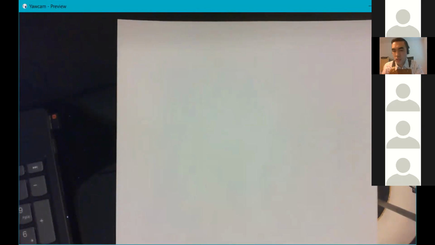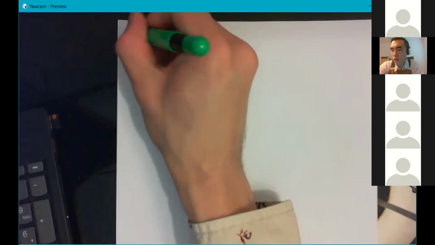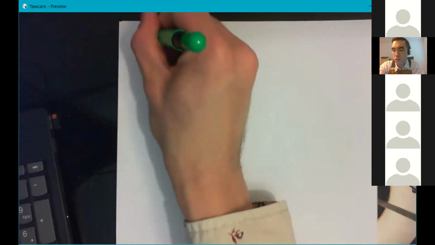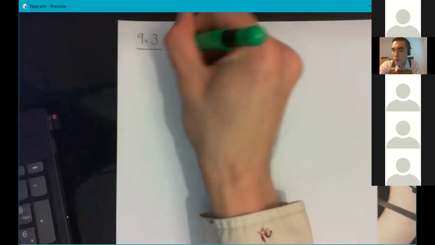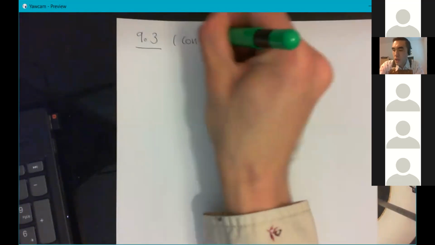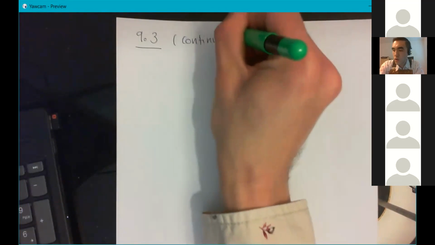However, I can totally ask you to graph nonlinear inequalities, and it doesn't require any skill past graphing nonlinear equations. It's really just 2 rules to observe plus 1 extra step. So when it comes to graphing, and this is section 9.3, continued, I won't add another header, just continue this along in your notebook.